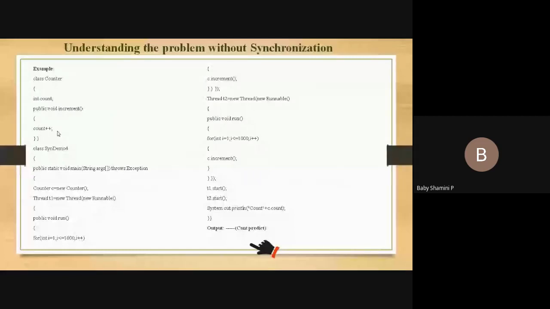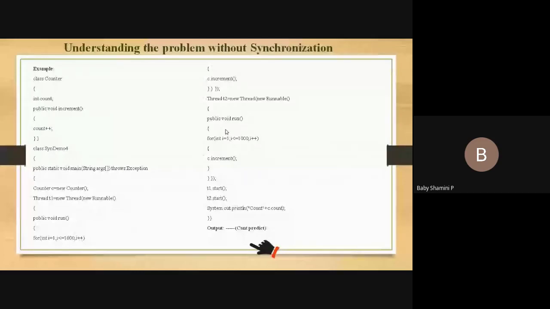At the same time we have thread 2. Thread 2 calls the function t2.start, it moves to thread t2, and inside we have a run function. If you declare the statement t2.start, the start function implicitly calls the run method which is present in thread 2.